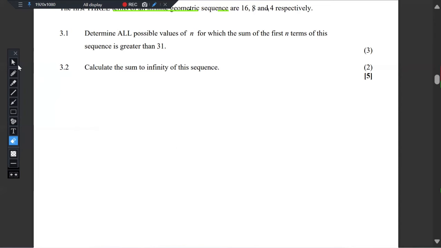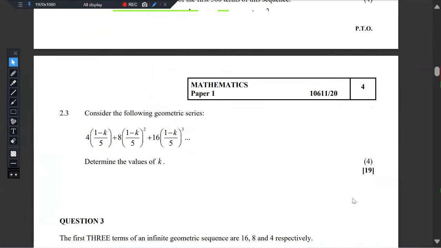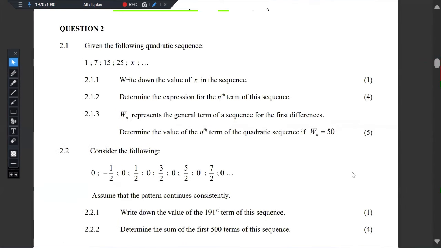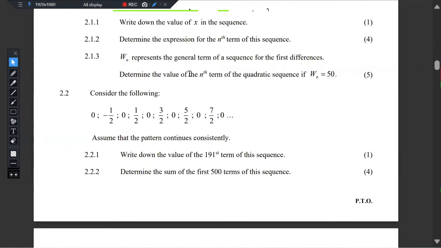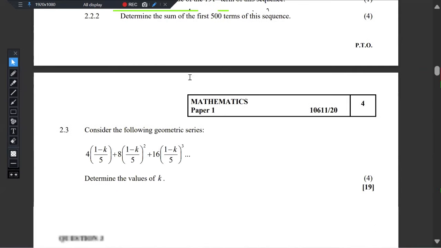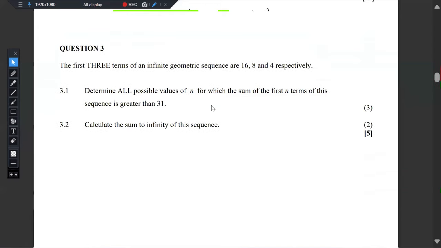Okay, so now let's proceed to question 4. At this point, if you got that 5 marks, the 19 marks, and the 27 marks from algebra, you are already seated at 51 marks. So questions 1, 2, 3 are what you solve if you only want 30% of the paper. 50 marks is about 30% of the paper.